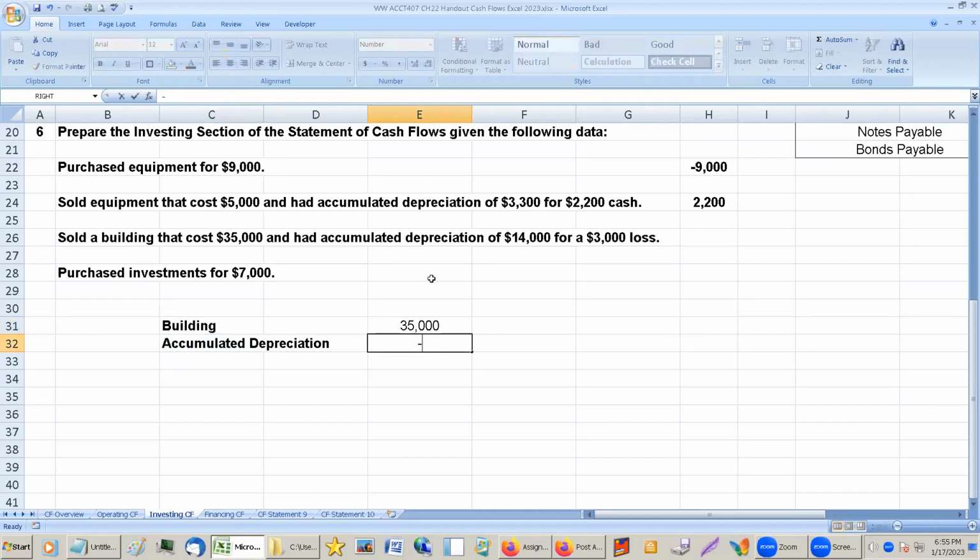It had accumulated depreciation of 14,000, so it had a carrying value of 21,000. Had a loss of $3,000.